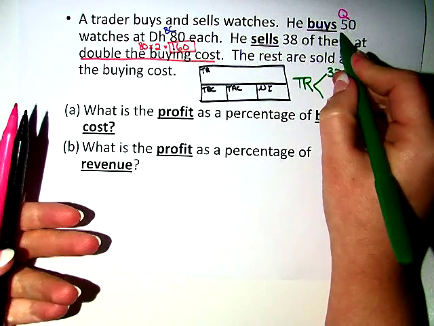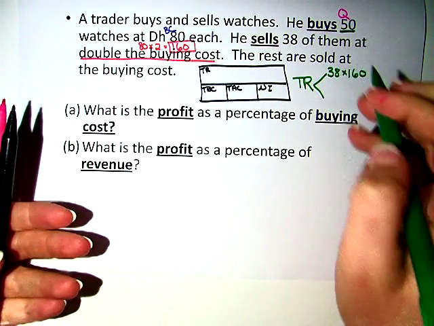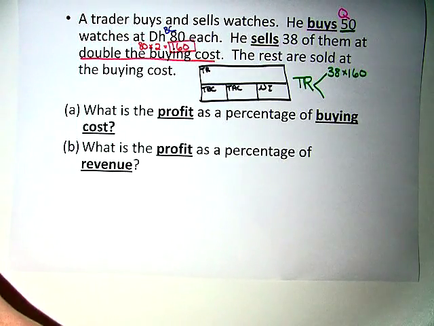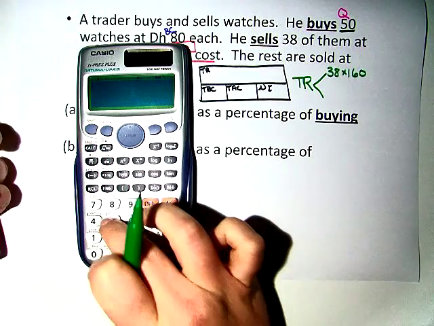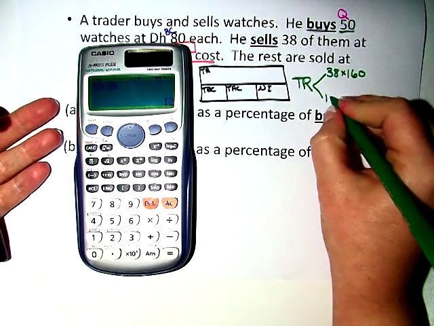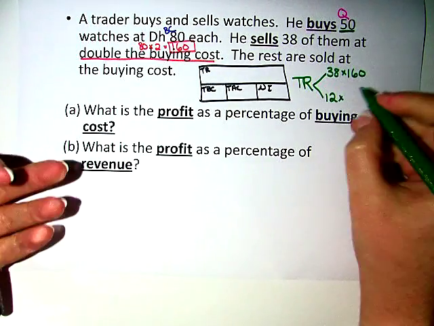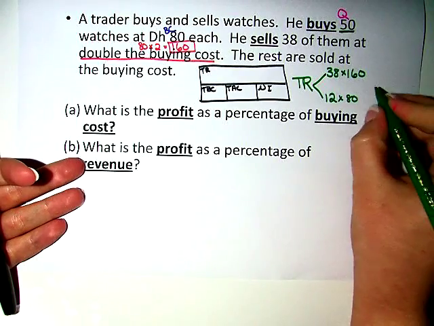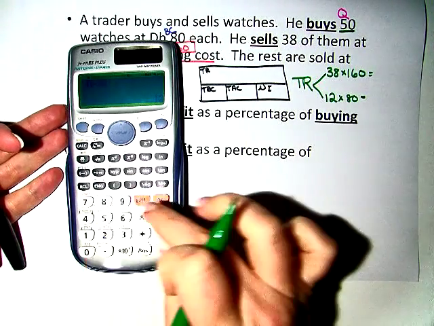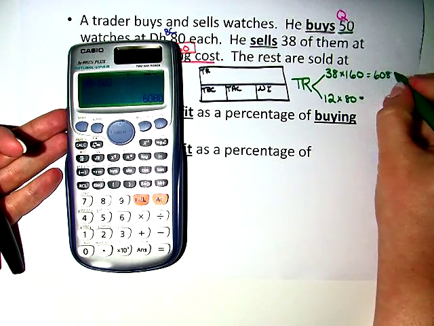Well, if he buys 50, if this is my quantity, and we've sold 38, what's the difference between them? We get out the calculator, and we say 50 minus 38. We've sold 38, we had 50. Oh, we have 12 left. And he sold the rest at buying cost, and the buying cost was 80. Okay, so that means that for the first 38, he made 6,080.